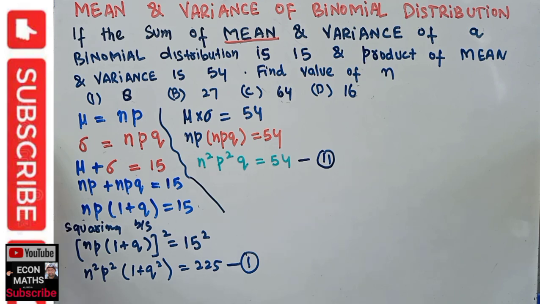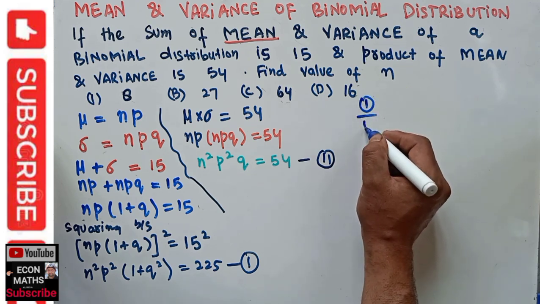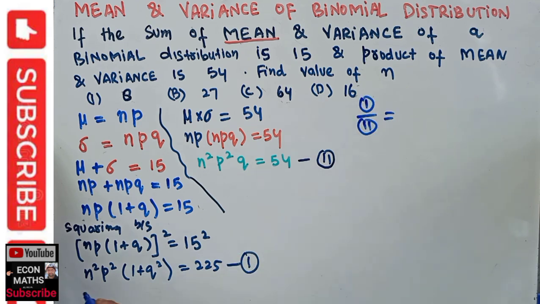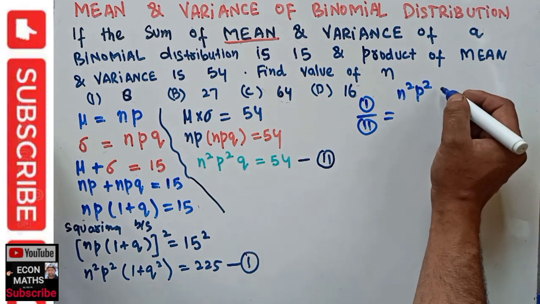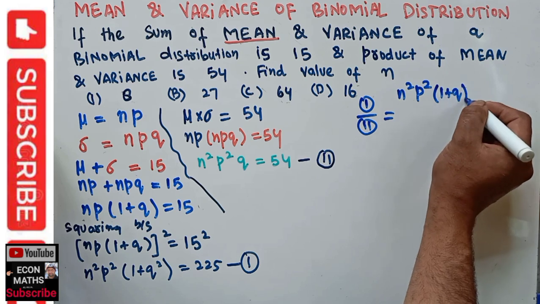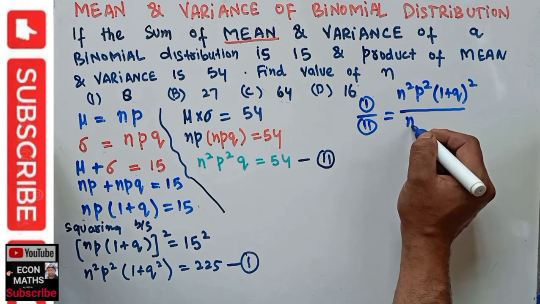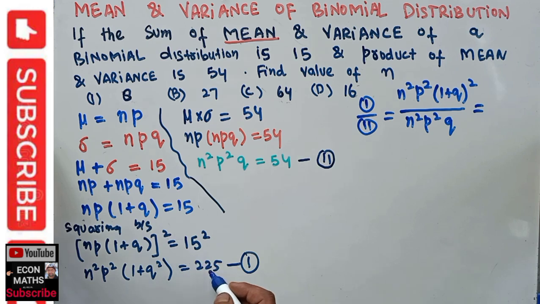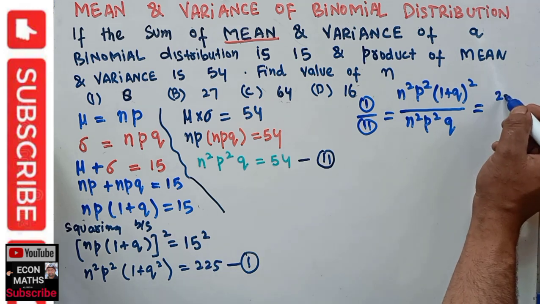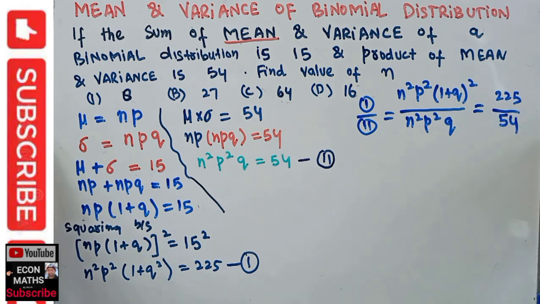Now let us divide equation first by equation second. Equation first is n squared p squared (1 plus q) whole squared, divided by n squared p squared q, and on the right side we have 225 divided by 54.